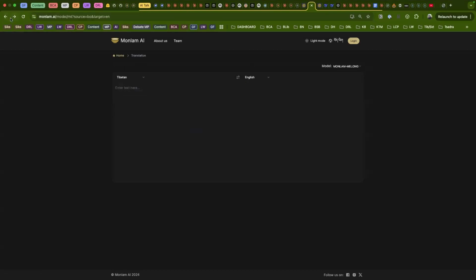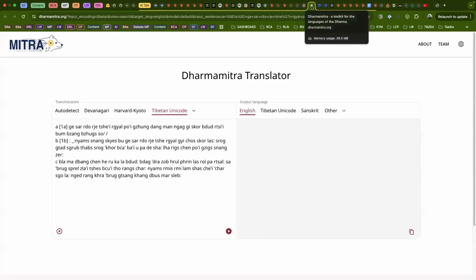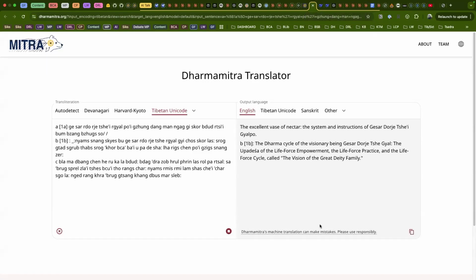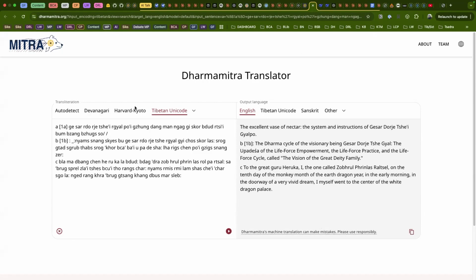Really amazing work has been done by Manlam AI and the Mitra teams to produce tools that are really focusing on the needs of translators of Buddhist texts across a variety of languages and transliterations too, as you can see.